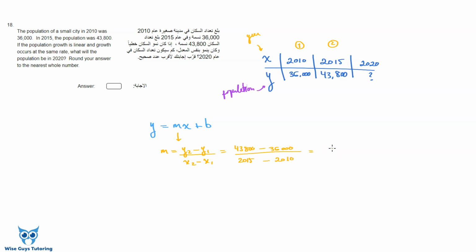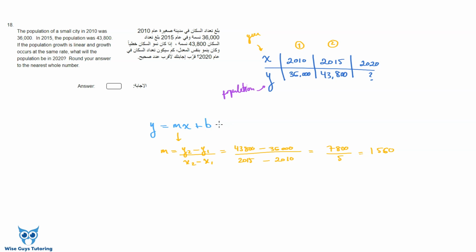Put this in your calculator and you get 7,800 divided by 5. Put that in your calculator again and you get 1,560. What this means is that every year it's going to grow by 1,560.